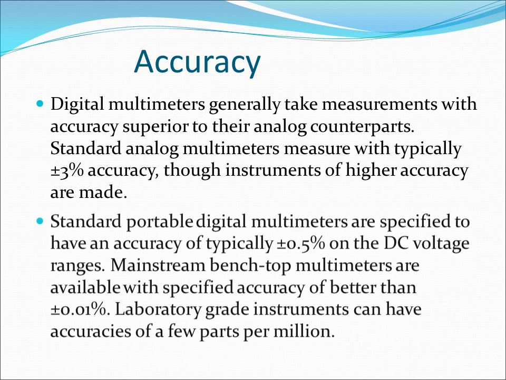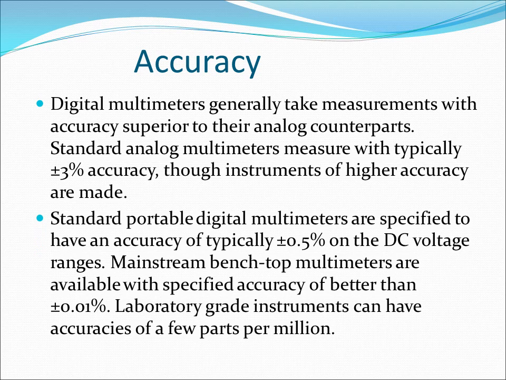Standard portable digital multimeters are specified to have an accuracy of typically plus-minus 0.5% on the DC voltage ranges. Mainstream benchtop multimeters are available with specified accuracy of better than plus-minus 0.01%. Laboratory grade instruments can have accuracies of a few parts per million.